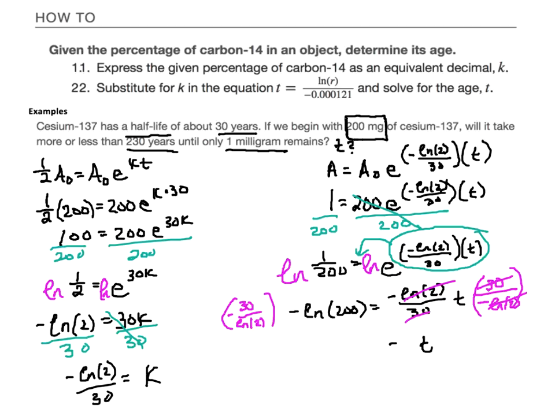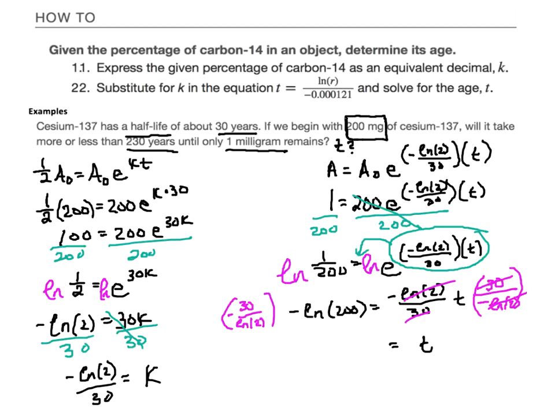So my time that it took for my cesium-137 to degrade down from 200 to 1 milligram is equal to negative times a negative.